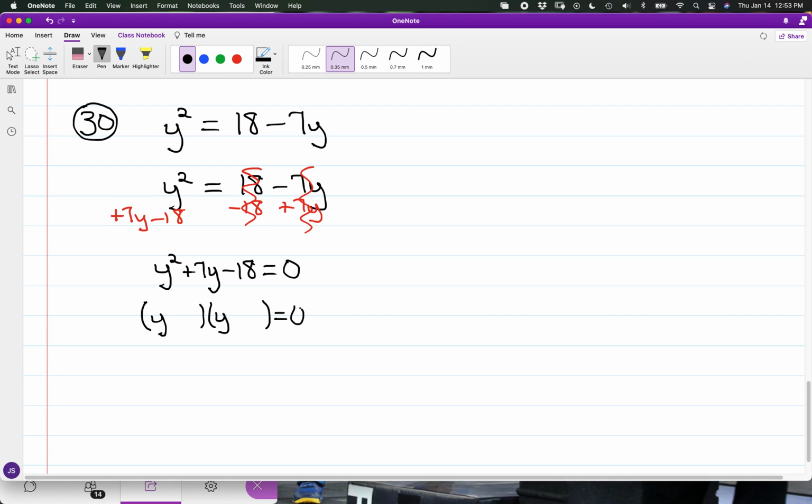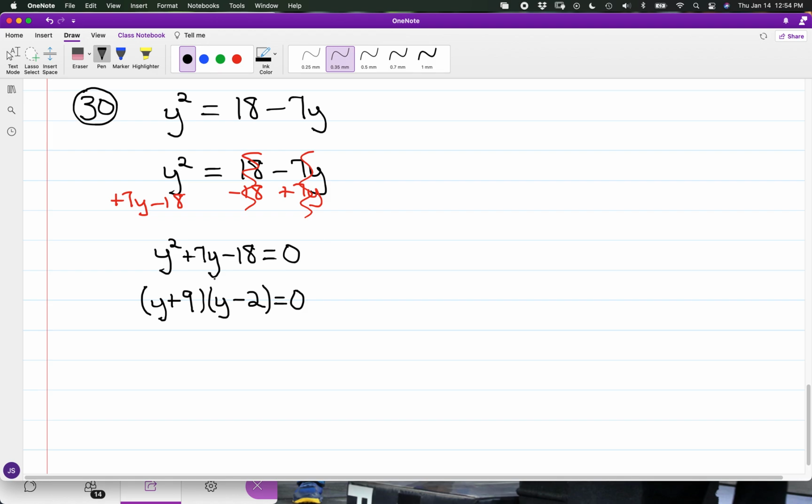From y squared, we have y times y. And for negative 18, factors of negative 18 whose sum or difference will be on the plus side at 7. So more weight will be given to the addition than to the subtraction. So we have y plus 9 on the side of addition, and on the side of subtracting, we have y minus 2.